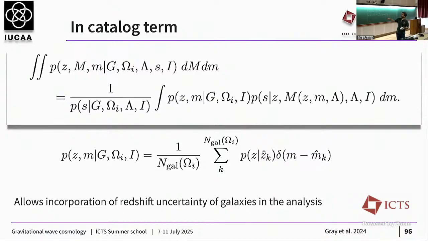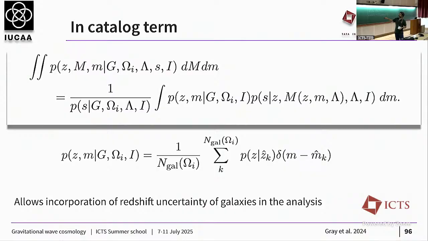It will look something like this. You are summing over all galaxies that you have in that particular pixel. You are saying they need to have the magnitude that I've seen. This is an assumption, by the way. Galaxies don't come with one apparent magnitude. They will have an error associated with it. So you can put in an error if you want. If you want to extend GW Cosmo again to account for these magnitude errors, you will put that in.